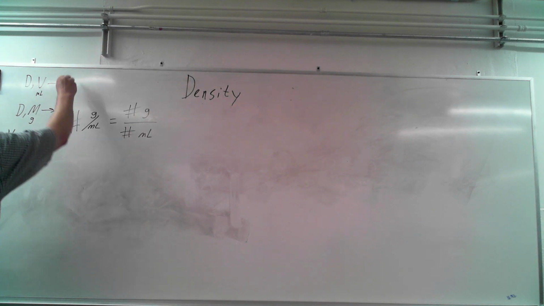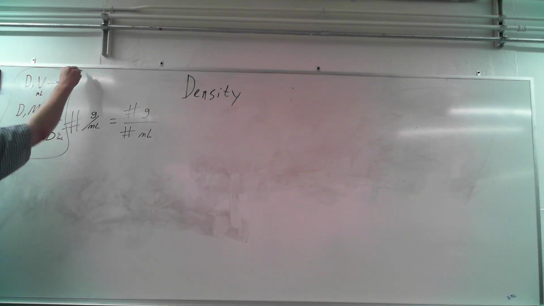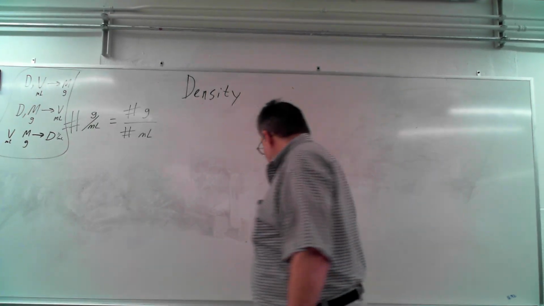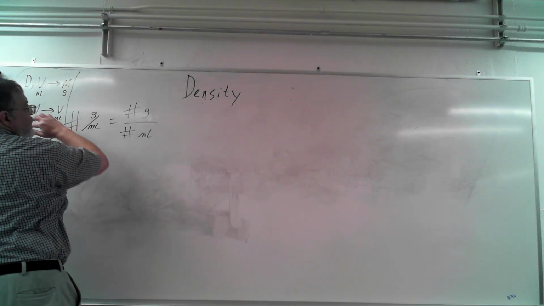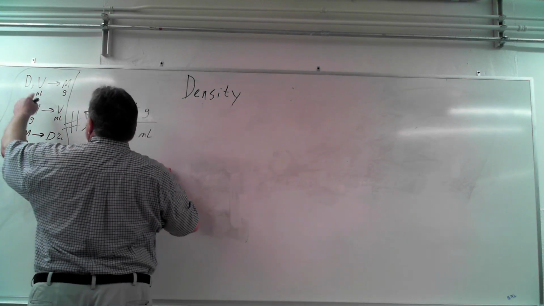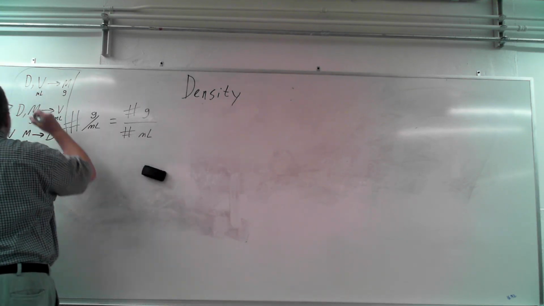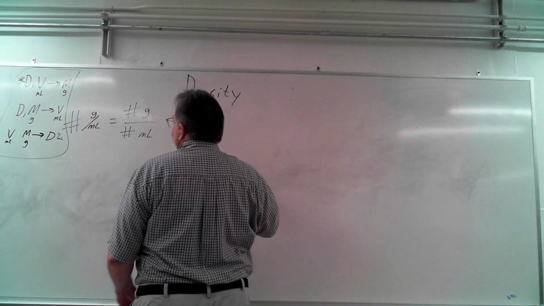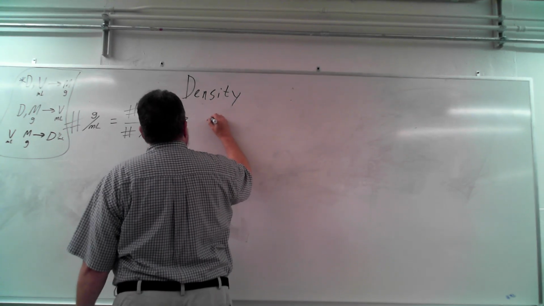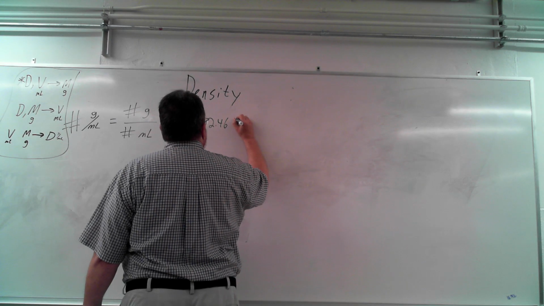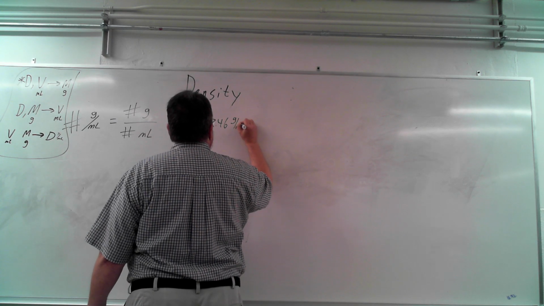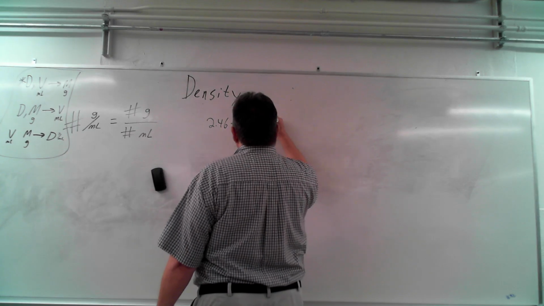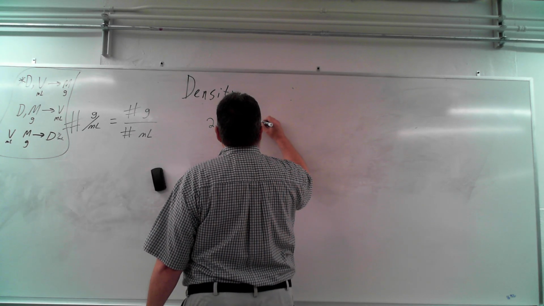So just realize that there's 3 different ways you can get this question. So let me do an example of the other 2 ways you might get this question. The first one we did was like this. You were finding mass. So let's say you have a problem that gives you a density of 2.46 grams per milliliter, and it says you have 96.13 grams.